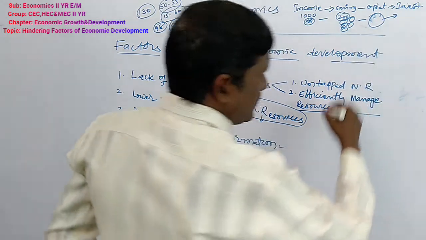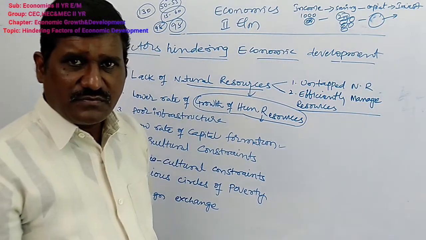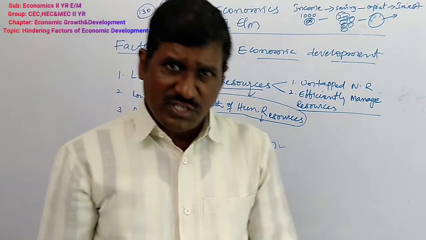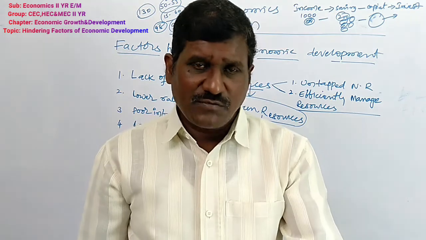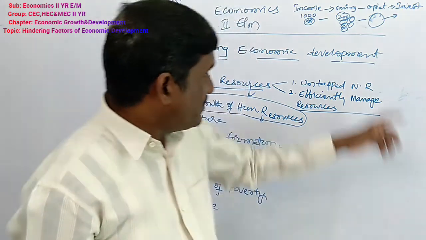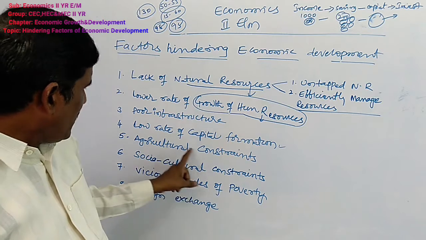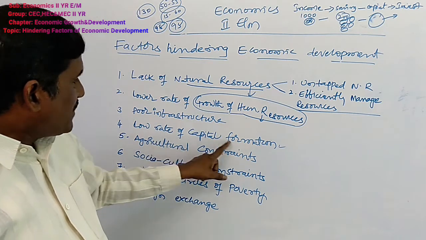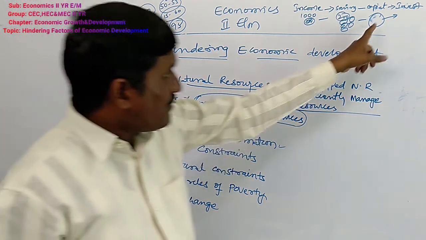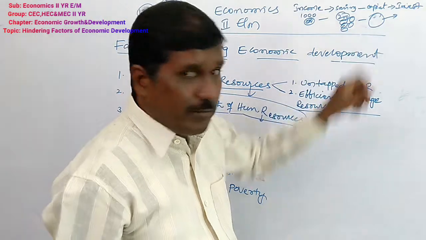Capital is useful for investment, to establish industries and to expand the service sector and agriculture sector. So how can we get investment here? Through capital formation. How can we get more and more capital formation?